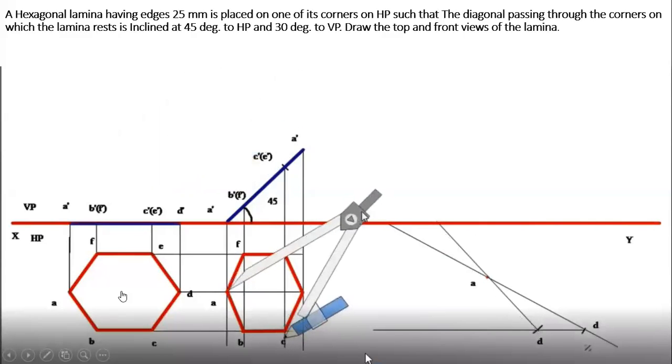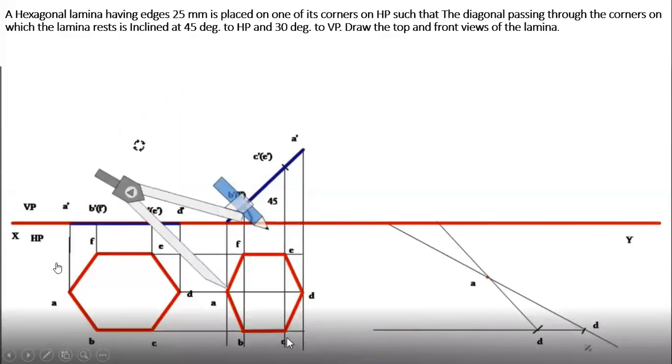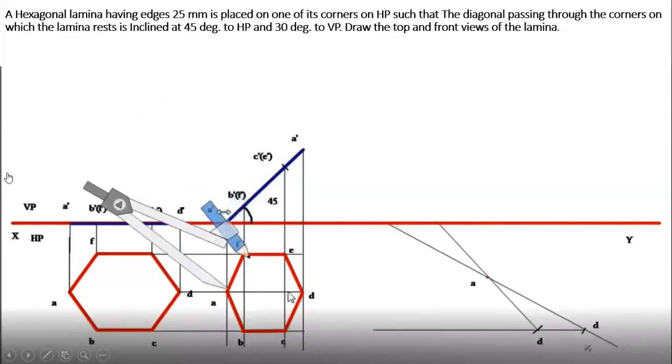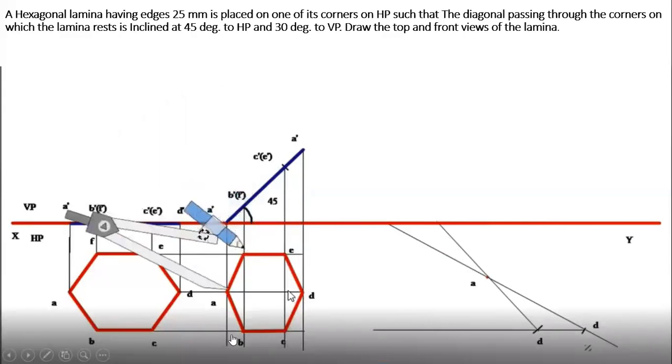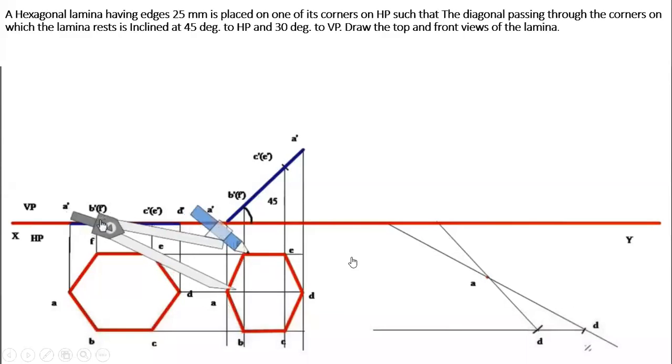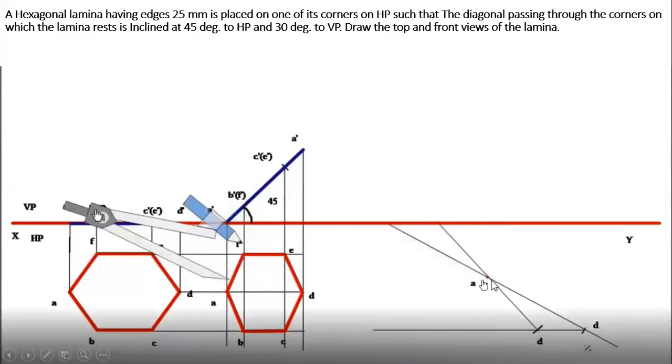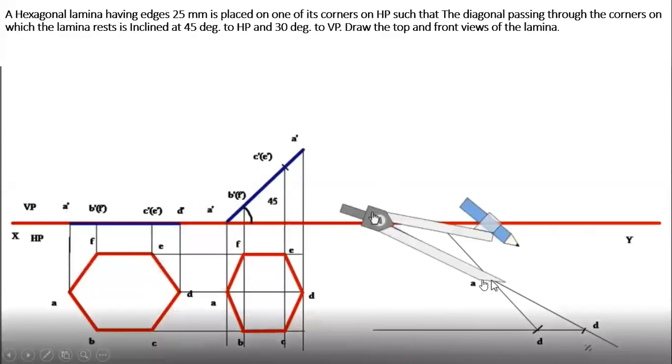Okay, now measure the distance from A to F. You want to construct the hexagon taking into consideration all the points. So measure A to F from the second position. With A as the center, cut an arc.